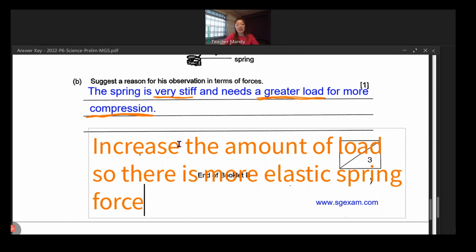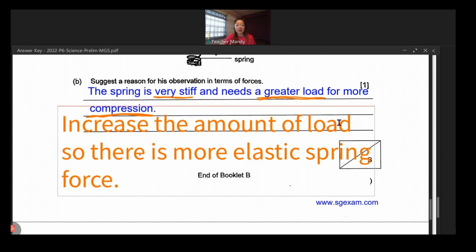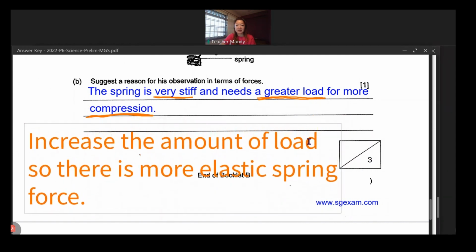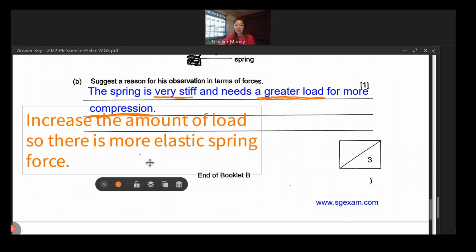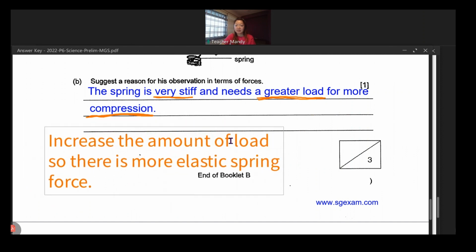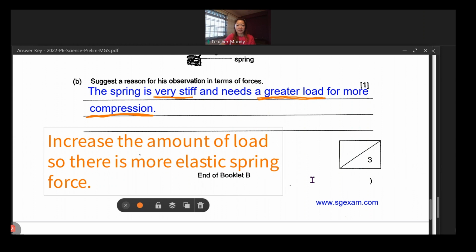Or you can just end it here. Yeah. Another way to write it. Okay, that's why this is really the hardest question, I think, in the exam paper.